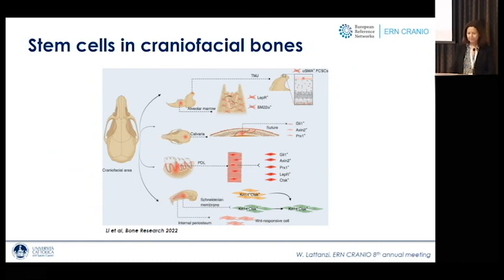We have skeletal cells in all the regions that need to form and remodel bone in the skeleton. I would like to focus your attention on what we have in our suture, where we have a transient stem cell niche that will undergo ossification physiologically and, of course, pathologically in craniosynostosis.